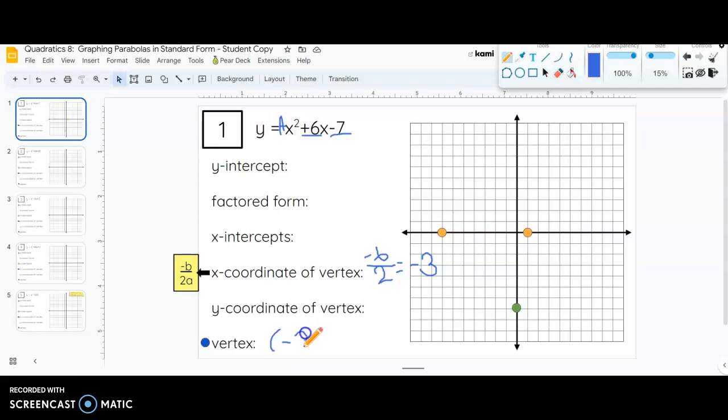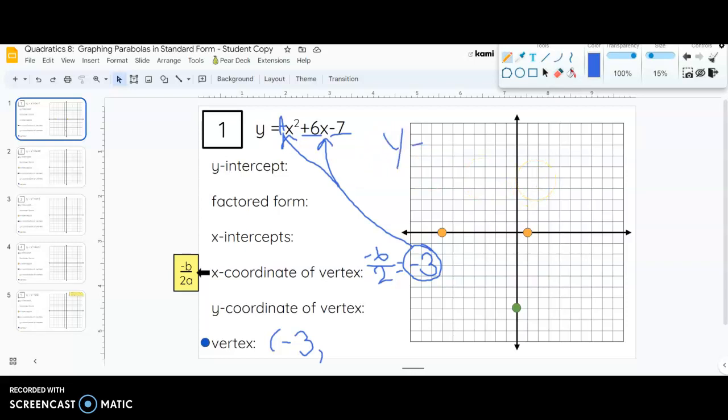So for the vertex, the x-coordinate is -3. For the y-coordinate, we are going to take this -3, plug it in up here for x in both spots, and then solve for y.